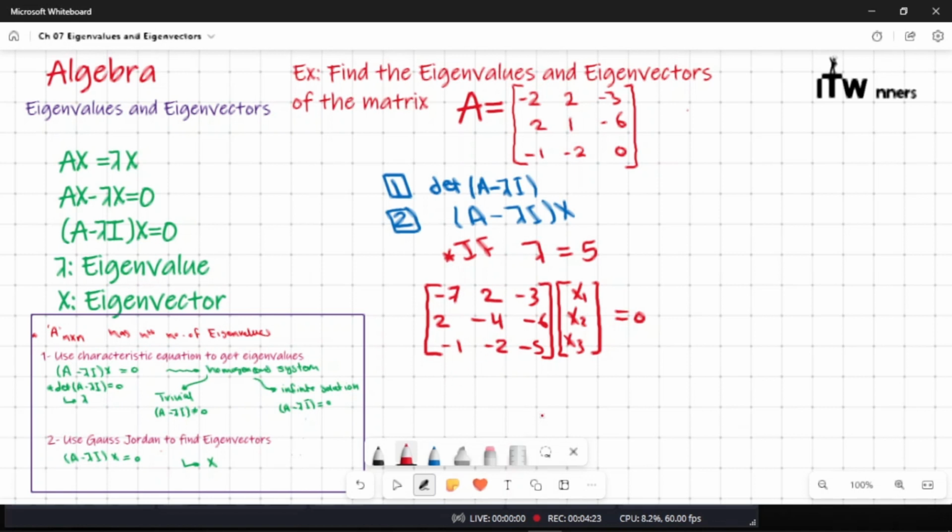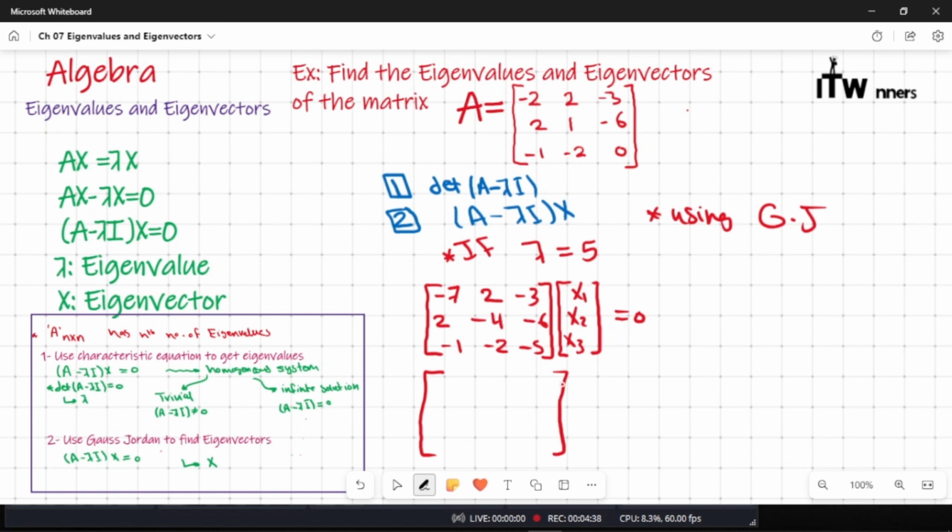Okay, so using the Gauss Jordan method, let's augment here the three terms of 0, 0, 0, and here our matrix A minus lambda I, okay, 2, -3, 2, -4, -6, -1, -2, -5.